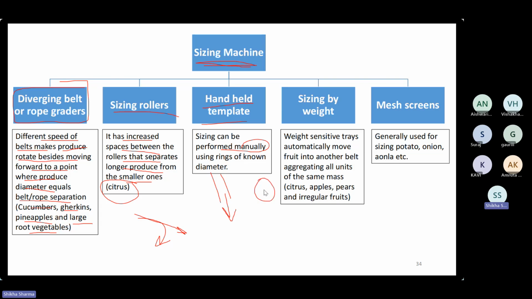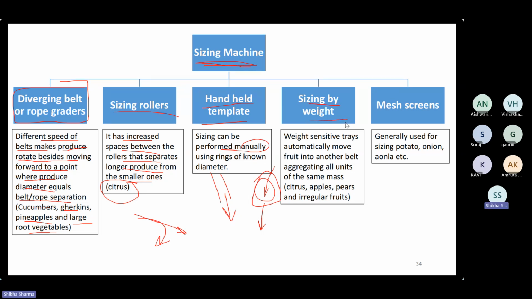We have rings of known diameter that allow only certain diameters of food products to pass through. The greater size food will stay on top, and only the smaller ones will pass through the ring.